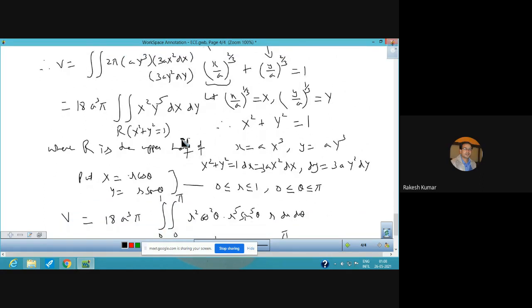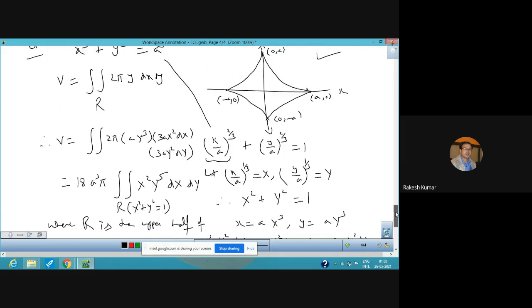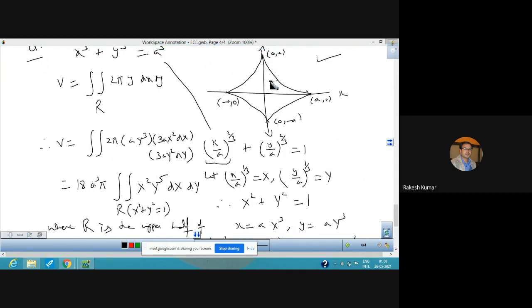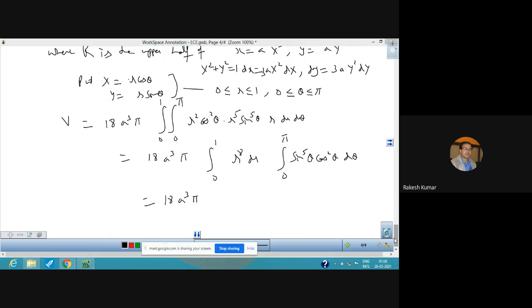Now you just see, this question can be simplified a little more. When we talk about the upper half, it contains this portion and this portion, and this portion is symmetrical to this portion, so it can be doubled.